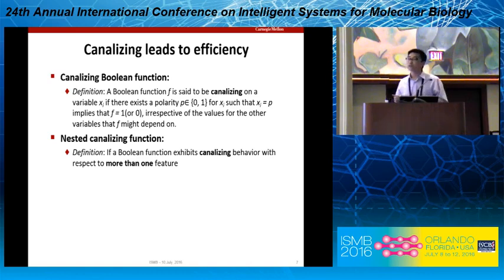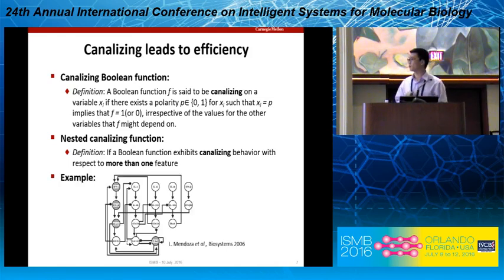This is important because canalizing is very common in many biological systems, and because this canalizing feature can lead to efficiency in the inference. Here's one example. All the features in this system are canalized by some features.